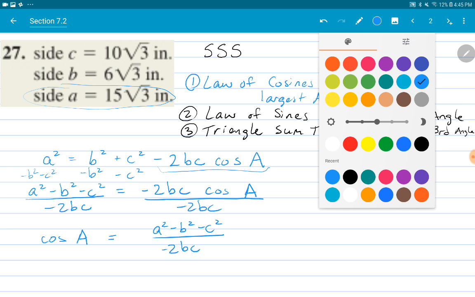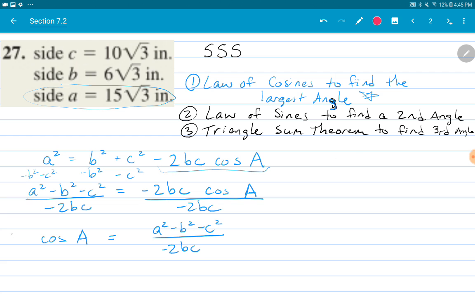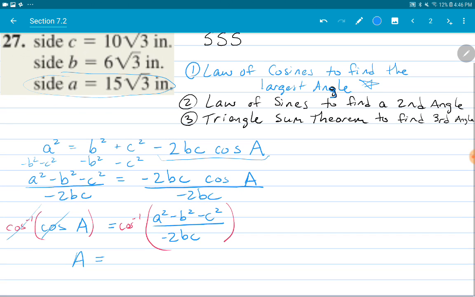Now to get A out of that cosine, we just take the inverse, whoops, not sine, cosine inverse of both sides, because whatever I do to the left, I've got to do to the right. And on the left, the cosine inverse undoes cosine, so I'm left with just A. And on the right, I've got some plugging to do. So I'm going to look up here at the given information. I have cosine inverse of, and I'm going to plug in my A, B, and C. So A is 15 radical 3.